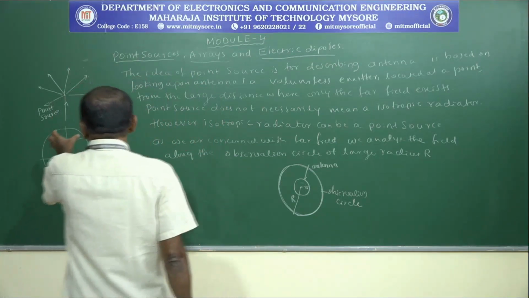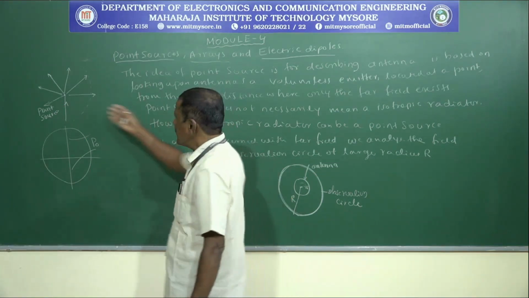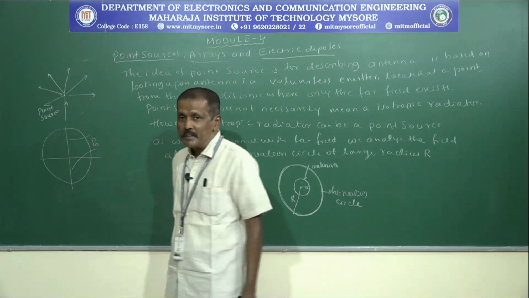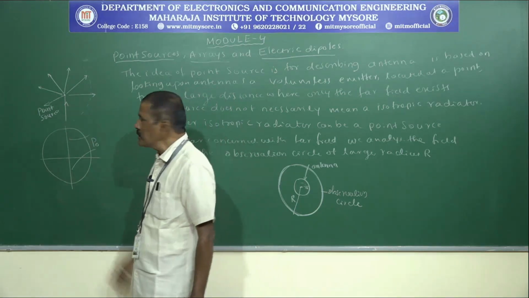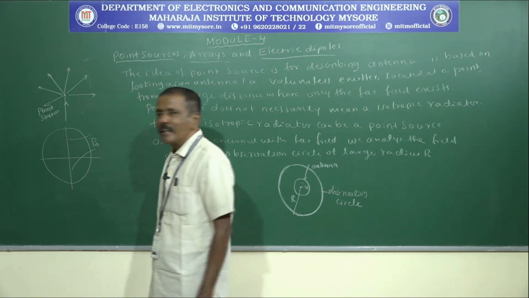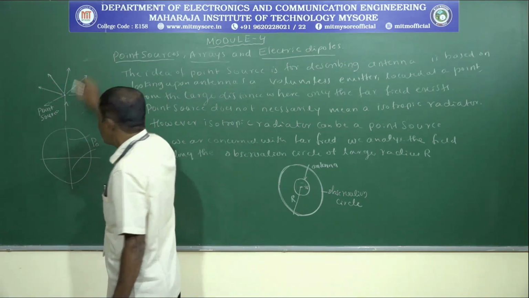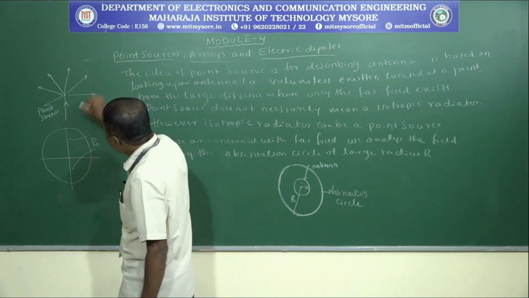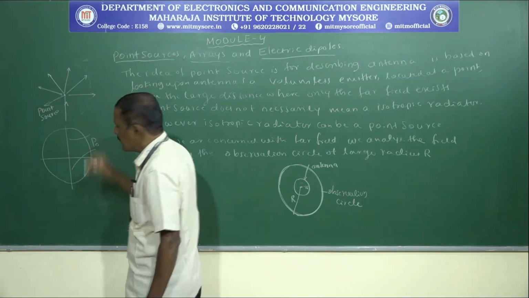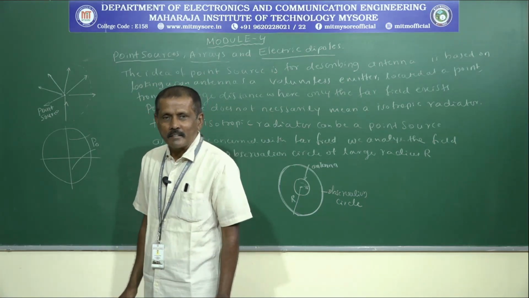Now, this is once again another representation of the point source. Here you have a point source, it radiates the energy in the different directions. If I draw a sphere around it, then at any point on this particular sphere, the power density remains the same, or it is constant.